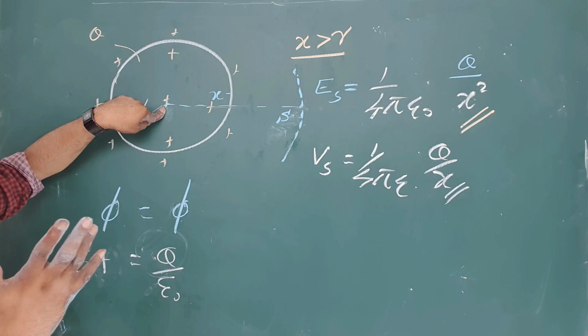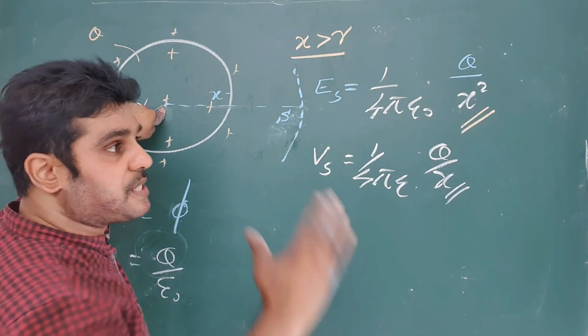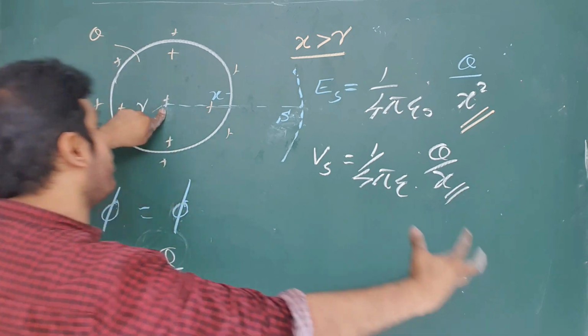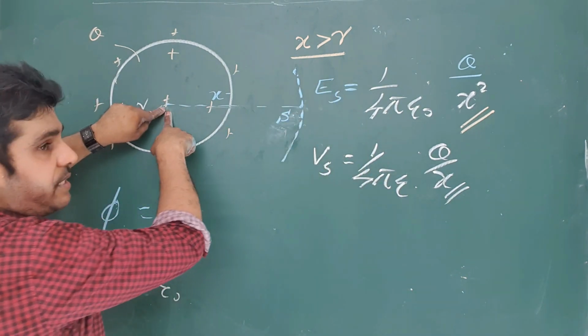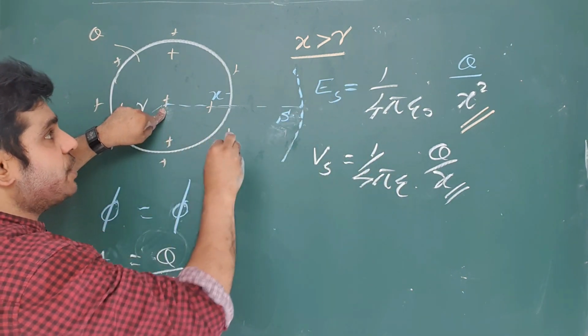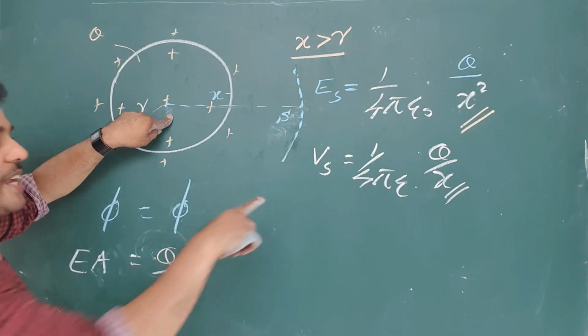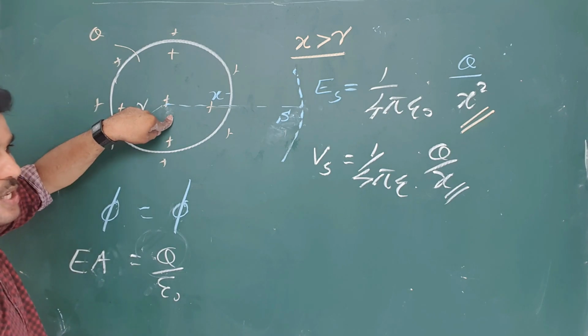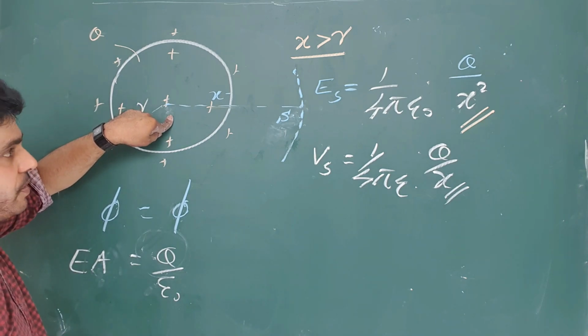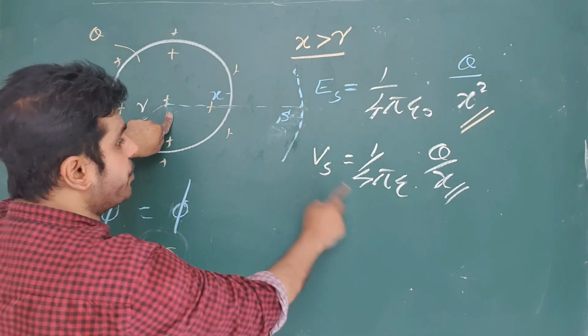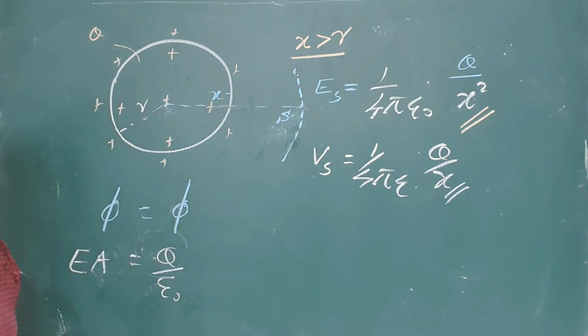So this is the theorem. When you do the calculations outside the dielectric medium, you can keep all the charge at the center. I mean, you assume all the charge is concentrated at the center. Then you can also write the potential at S. Q is here, distance is x, then you can write the value of the electric potential.